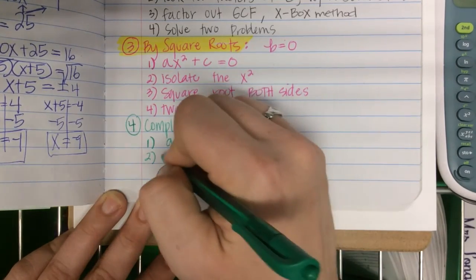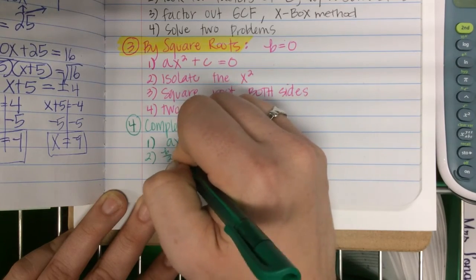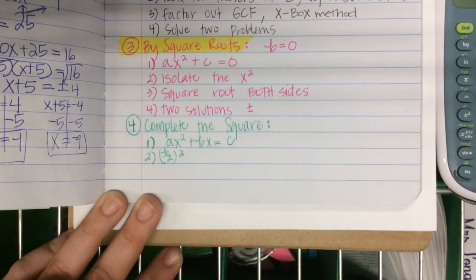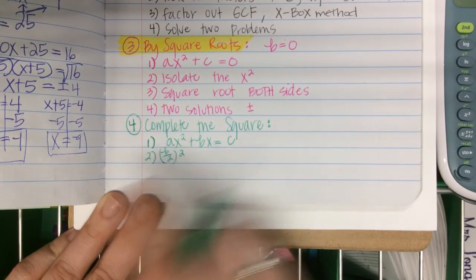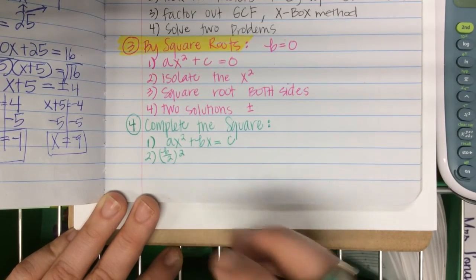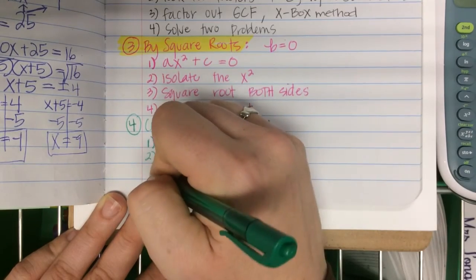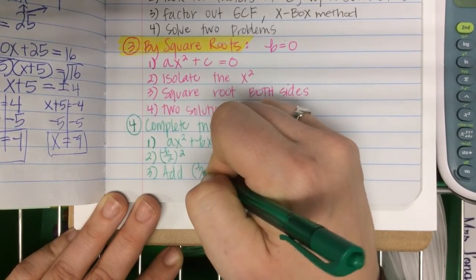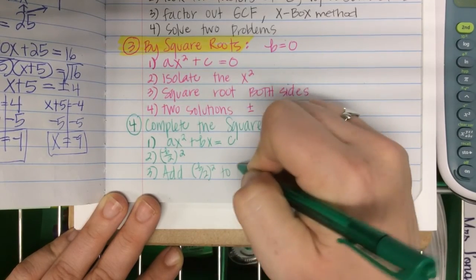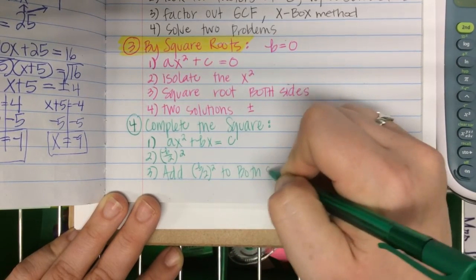Step 2, we want it in b divided by 2 squared. So your b value divided by 2 and then square that number. Step 3 is to add b divided by 2 squared to both sides.